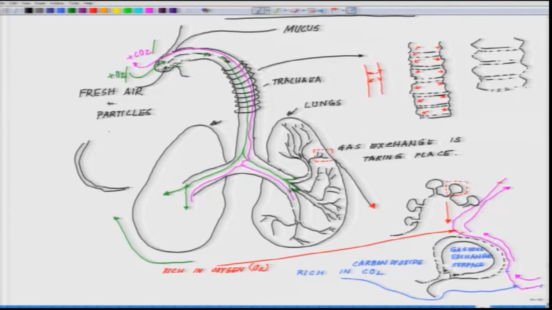The alveolar structure or alveolus has partial oxygen tension of around 100 millimeter mercury, and the CO2 is 40. This is the partial oxygen tension and carbon dioxide tension inside the lungs. This is the inhaled air.